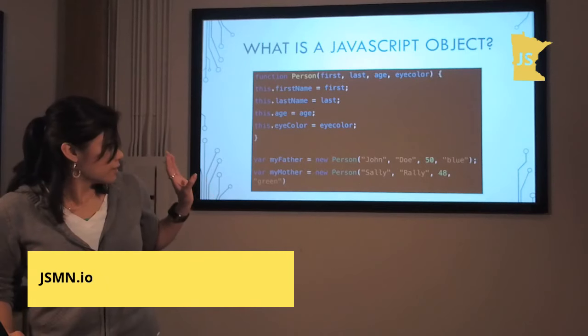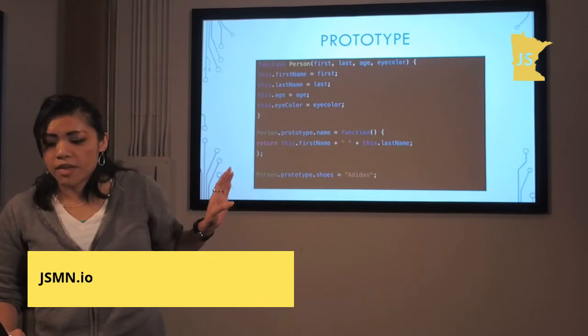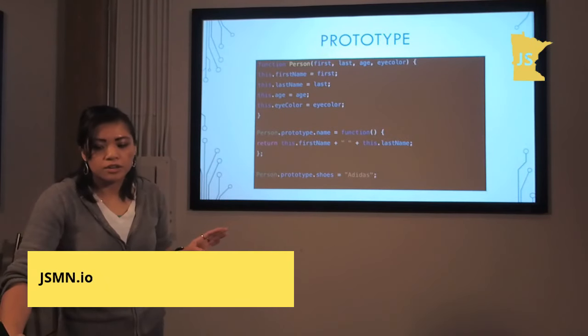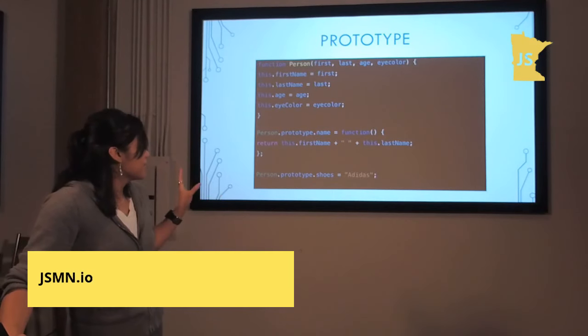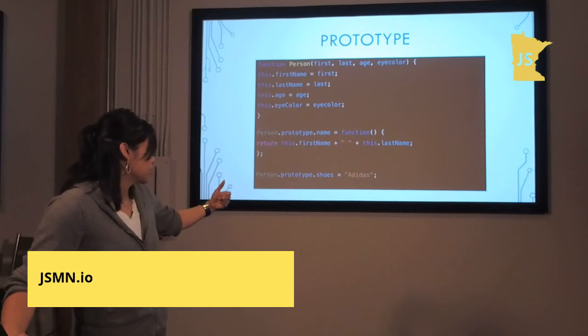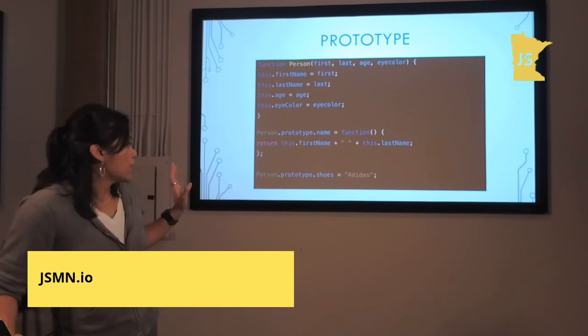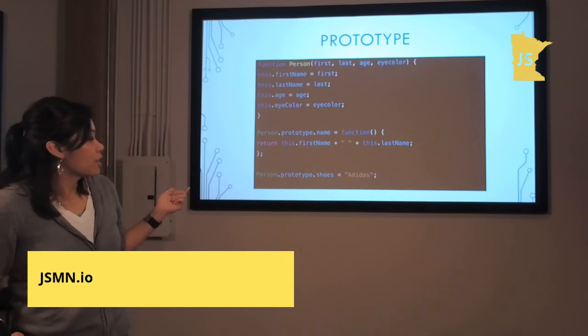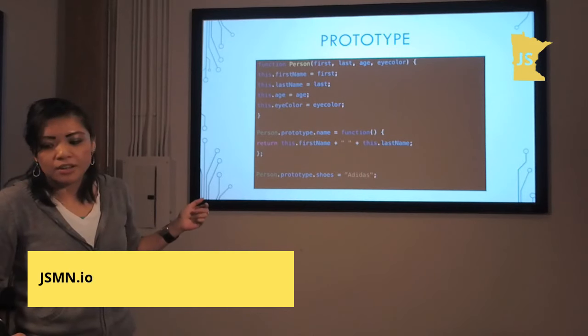If you look at this function and compare it to this function, this function still has that person object, but now we're going to introduce prototypes. What's nice about prototype is, if you forgot to add something for a person, like height or weight, here I have shoes, you can add that after the object has been created.